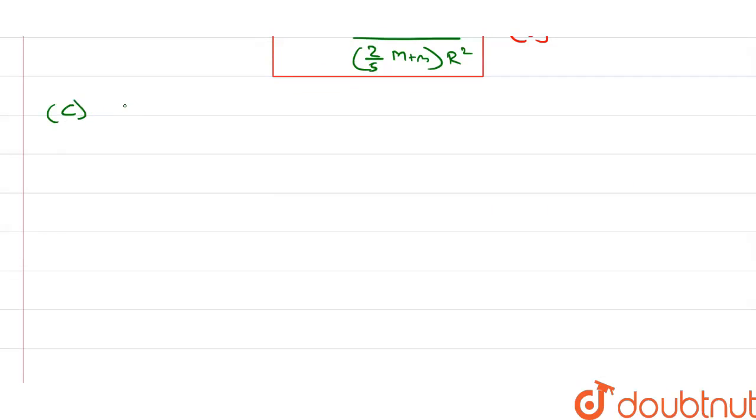In the C part, the question asks the value of h for which after collision there is pure rolling.